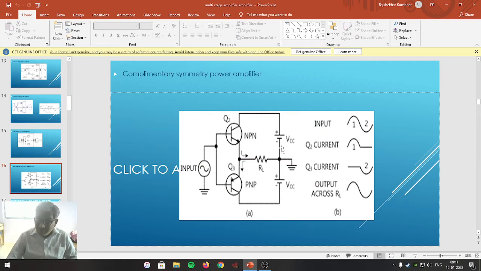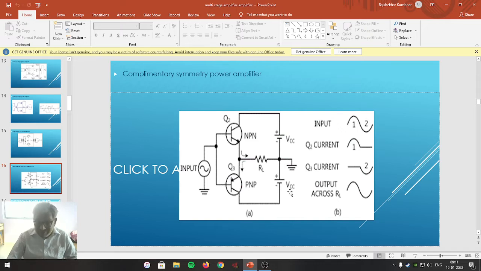As two transformers are used, the circuit of class A, class B and class AB push-pull power amplifier becomes bulky, or we can say heavy. There is a rise in cost as well. So these disadvantages are removed in the complementary symmetry power amplifier.